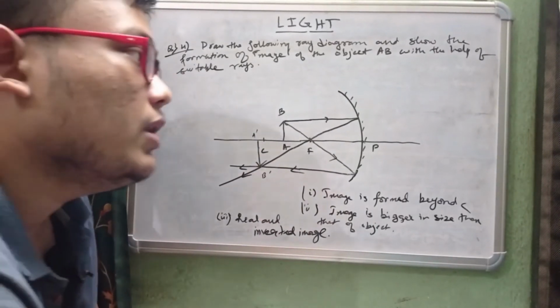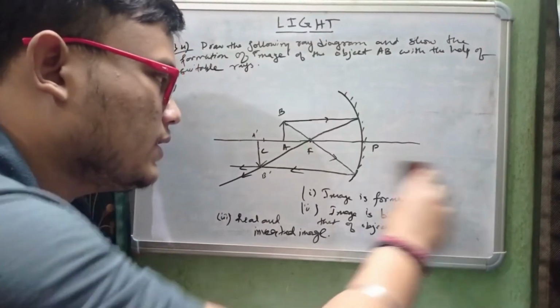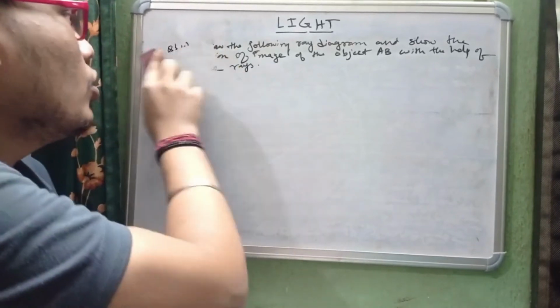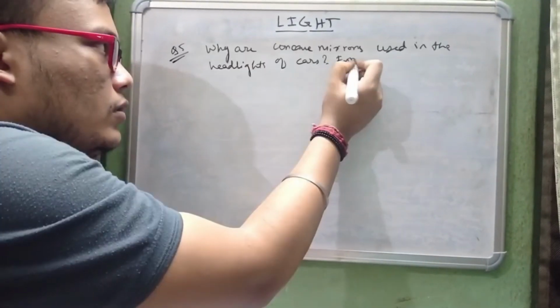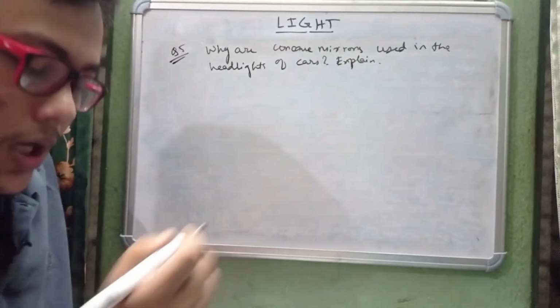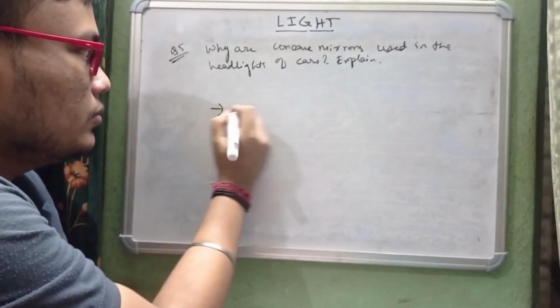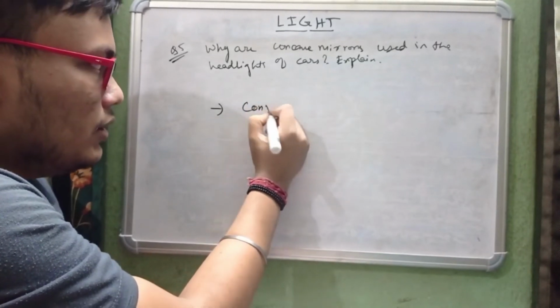Now we will move on to the final question of this series. It's a very commonly asked question, like why are concave mirrors used in the headlights of cars, right? From the basic knowledge we know that concave mirrors are converging mirrors, right?